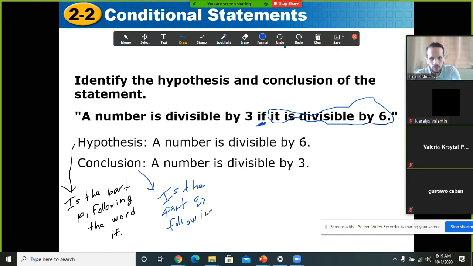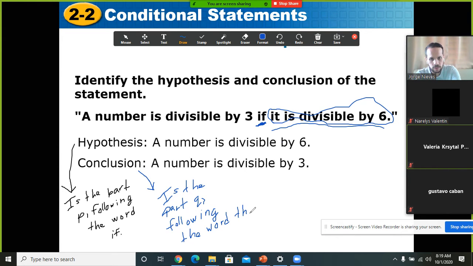Okay? So we don't have the word then there, but if we see if, we know that this is going to be the hypothesis, and the other part of the conditional statement is going to be the conclusion. Okay?